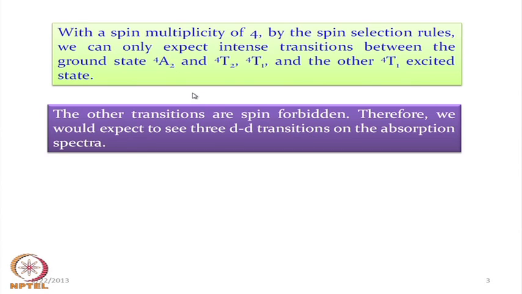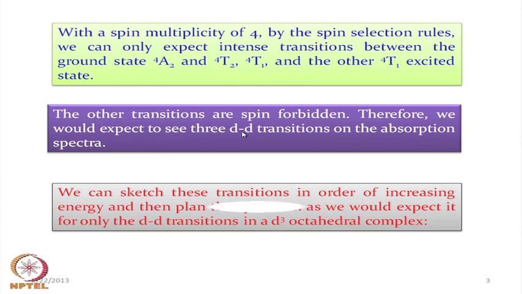That was not so easy to find out if we look only at the orbital contribution. So the corresponding term values and the correlation diagram in terms of Tanabe Sugano are important to know the exact number of those d-d transitions. If we sketch these transitions in order of increasing energy, taking the different levels in the Tanabe Sugano diagram and going from one particular level to the other, we will see the spectrum we would expect for only the d-d transitions in a d3 octahedral complex.